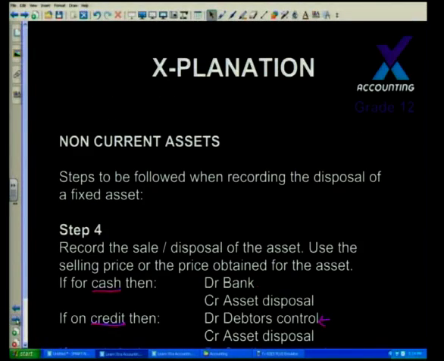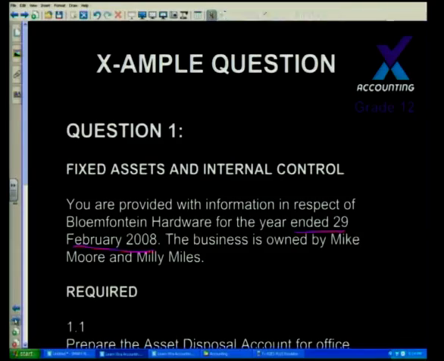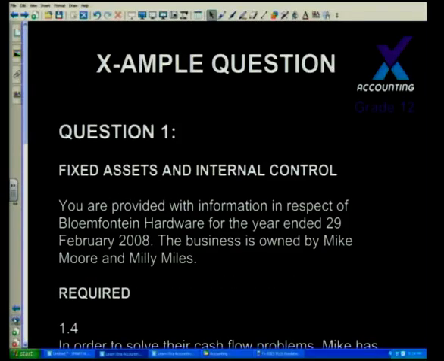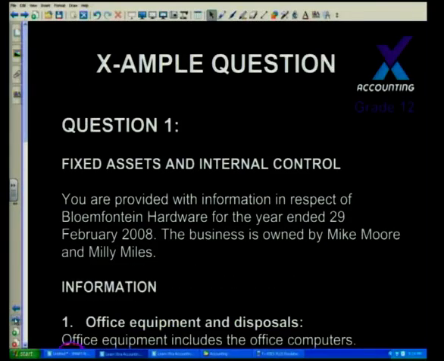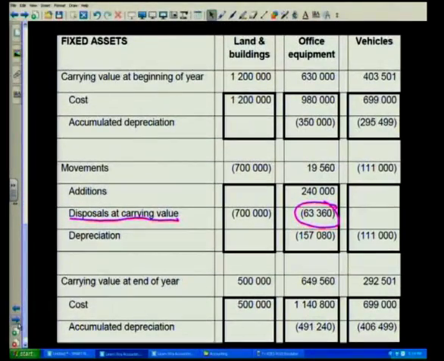Can you guess what it is? Let's have a look back at the question. The information in the question gives us a full and complete fixed asset note. Here it is. Our fixed asset note shows us what we disposed of, and it tells us the carrying value of our disposals. So here's another important formula that you should remember from last year.